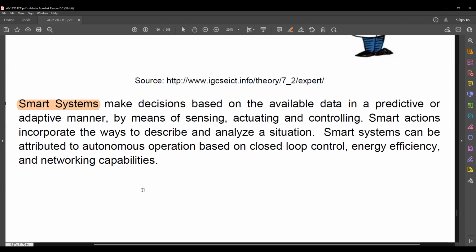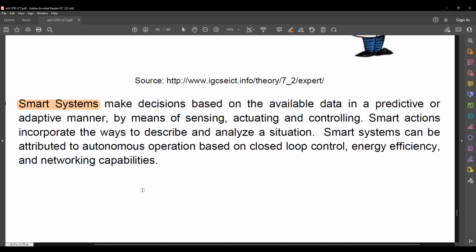What is tomorrow's weather? Okay, right. So smart systems make decisions based on available data, right? Sometimes we call them embedded systems as well. Sometimes we call it IoT, Internet of Things. Like you sense what is happening outside. Based on that, you are going to make decisions, right?